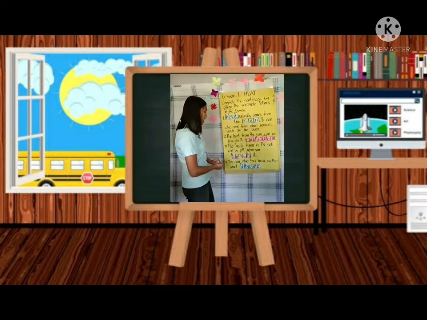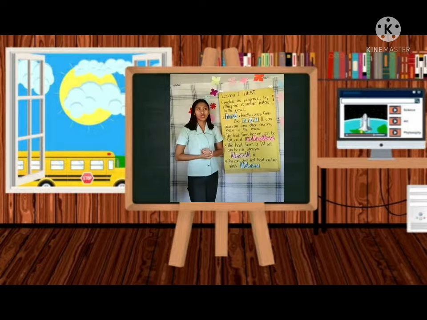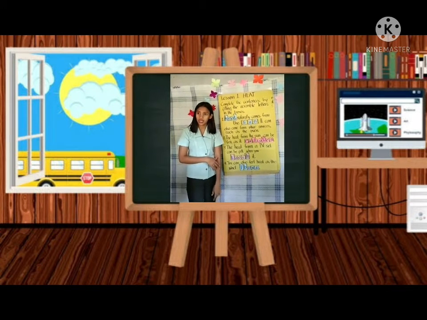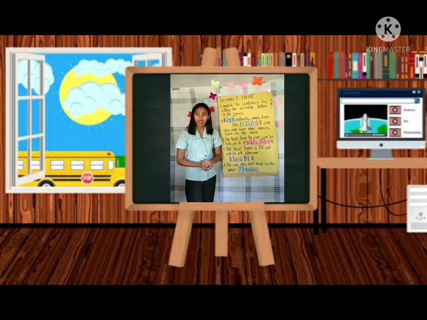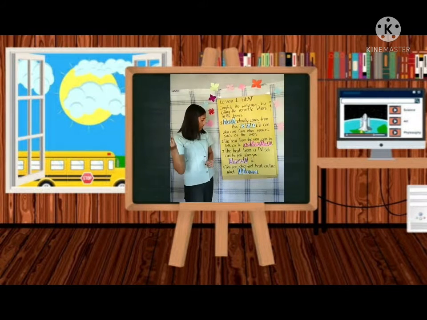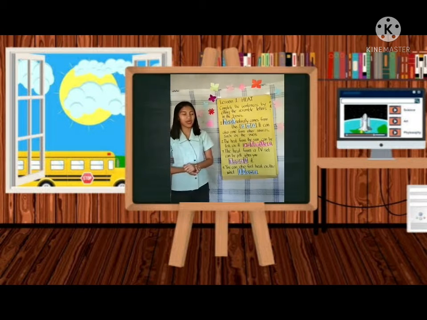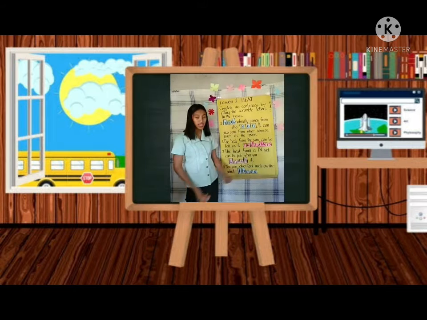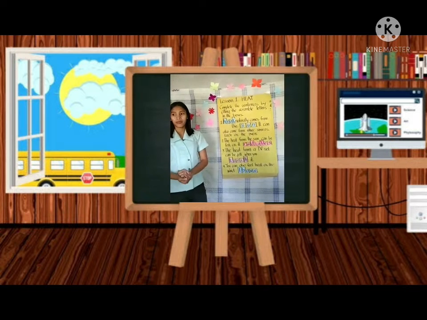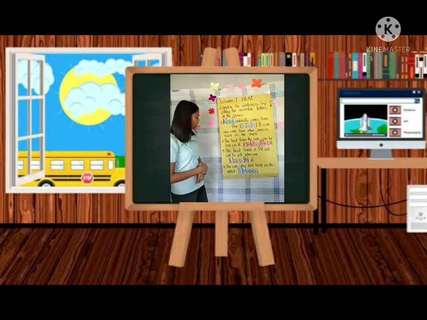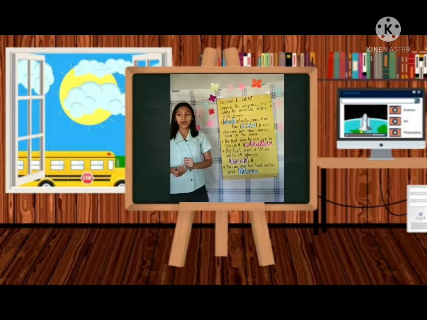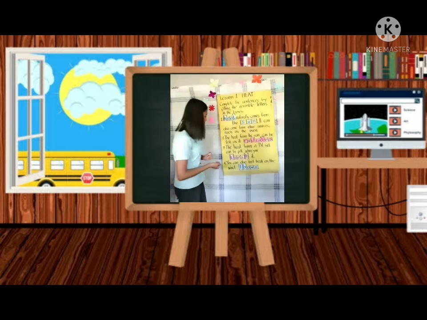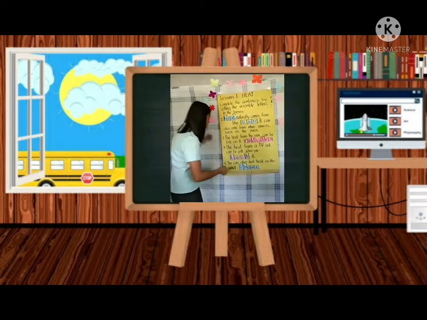You can also feel heat as the wind blank. So, how do we feel the heat from the wind? Yes? Okay. Very good. So, you can also feel the heat as the wind blows. Is this the correct word? No. Very good. We are going to exchange the letter L to letter B. Okay, very good.